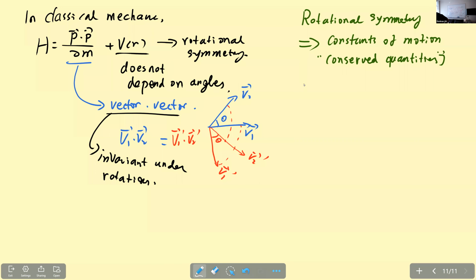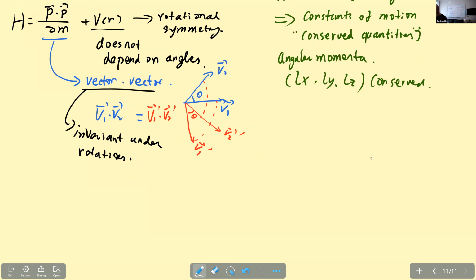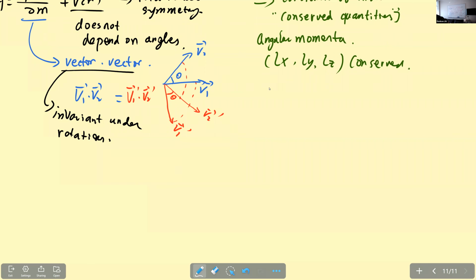In this case, it is the angular momentum. The angular momenta Lx, Ly, and Lz are conserved. So what does this mean? That means if you have this symmetry, the Poisson bracket of this Hamiltonian and Lx, Ly, or Lz equals 0. So this means the Poisson bracket.